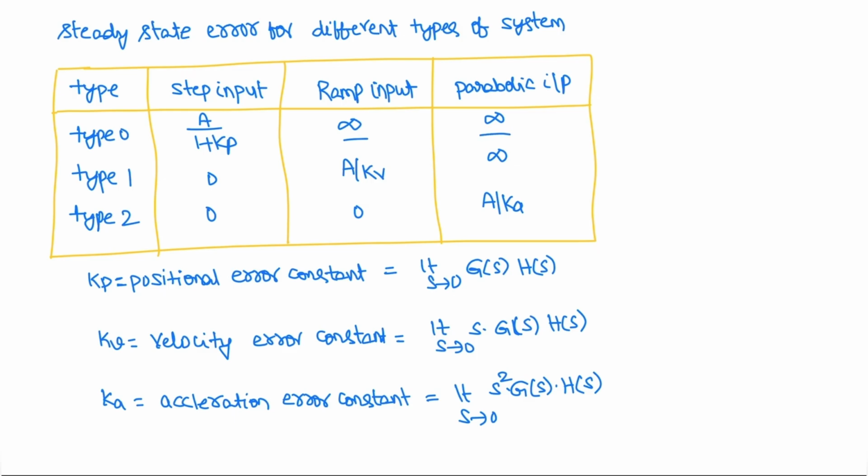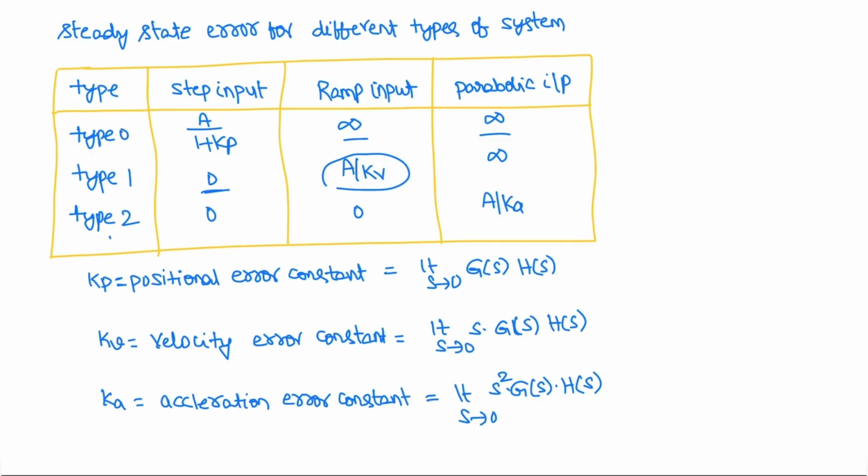For type 1 system with step input, steady state error is 0, with ramp input it is A by 1 plus Kv. For type 2 system, steady state error exists only for the parabolic input, that is A by Ka. So this Kp, Kv and Ka are positional error constant, velocity error constant, and acceleration error constant.